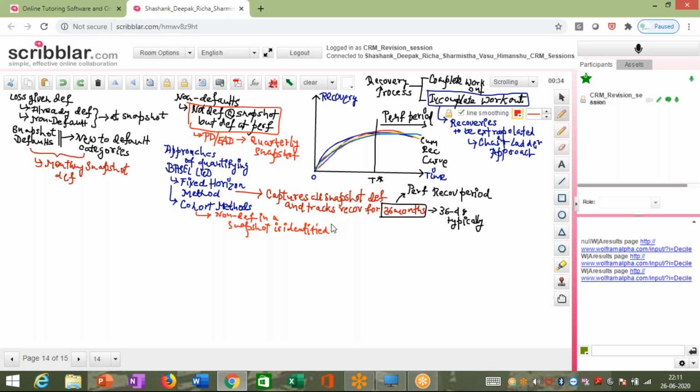So I need to find out the downturn LGD as well. This is one of the challenges of LGD, right? Unlike a PD model, where you just develop a PD model, over here, apart from developing the LGD model, you also need to develop a downturn LGD model, because downturn LGD is an important factor.